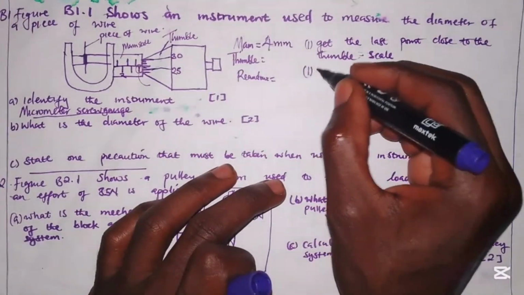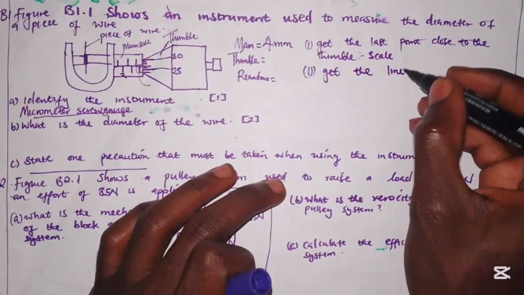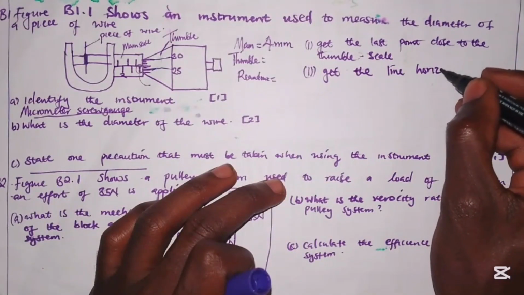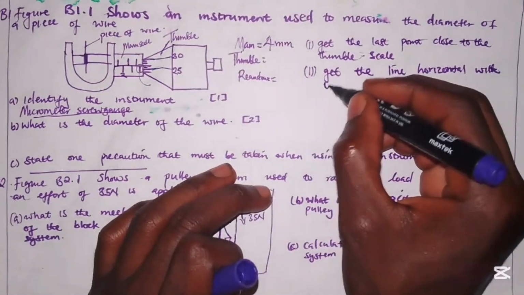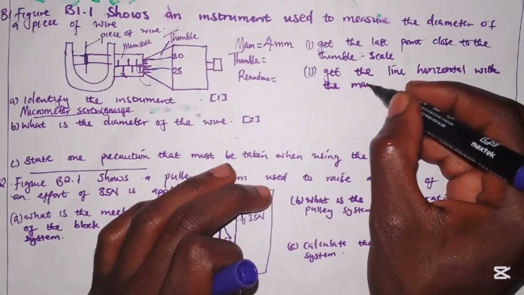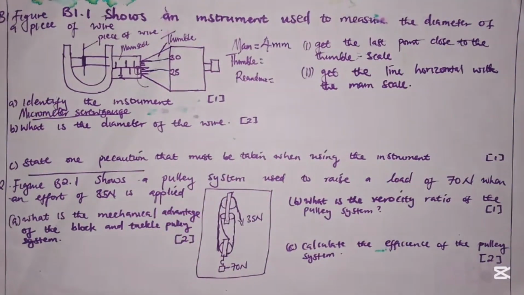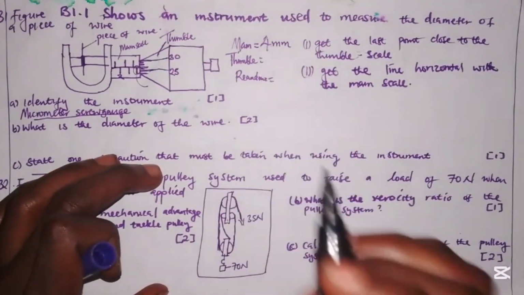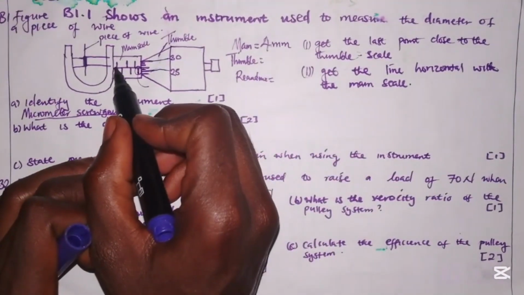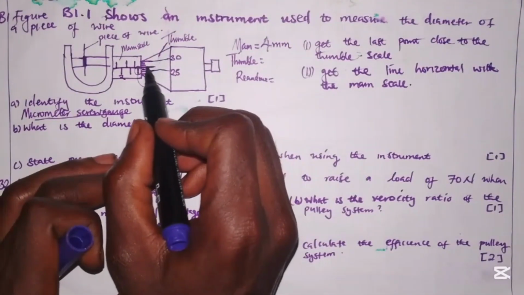So we get the line horizontal with the main scale. So step 2, for us to read the thimble, we have to get the line which is straight with the main scale's horizontal line, which is this line.